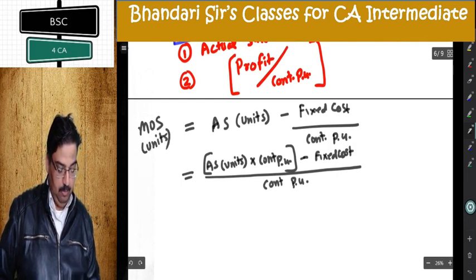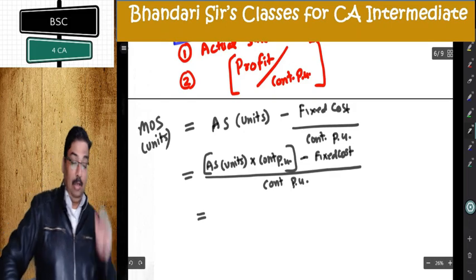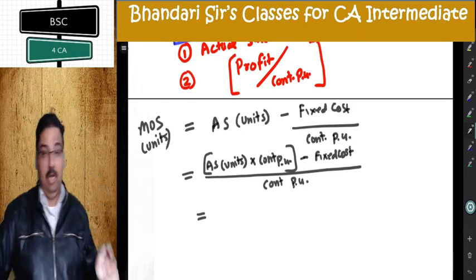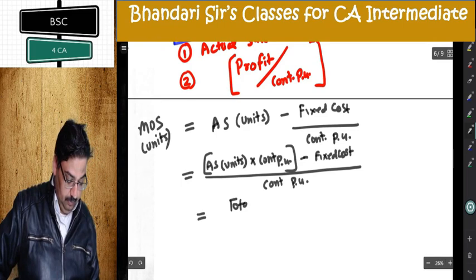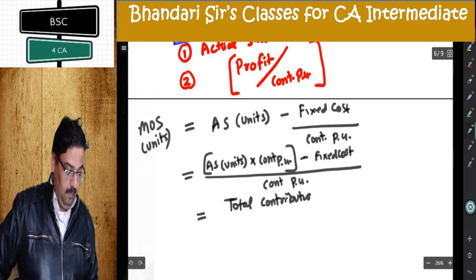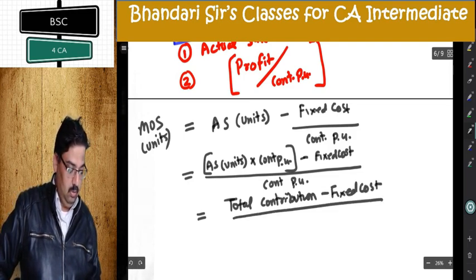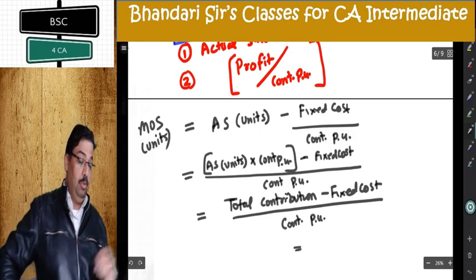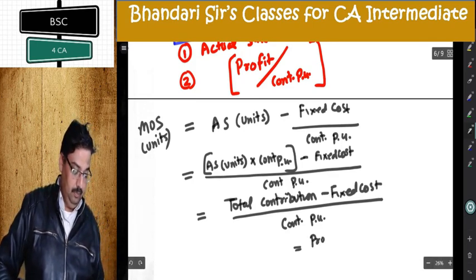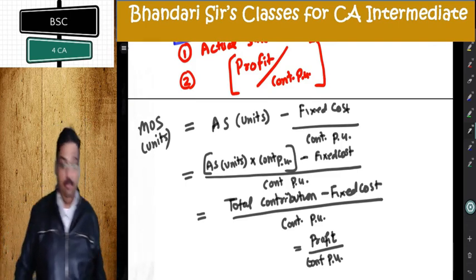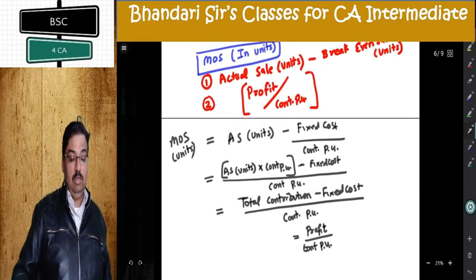MOS in units I am computing. Actual sale units multiplied by contribution per unit becomes total contribution, minus fixed cost, divided by contribution per unit. Contribution minus fixed cost is what? Profit. So it becomes profit divided by contribution per unit. That is the second formula you have seen. This is MOS in units.